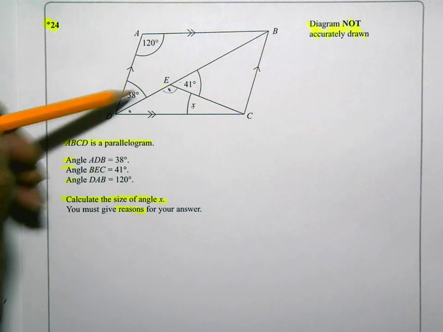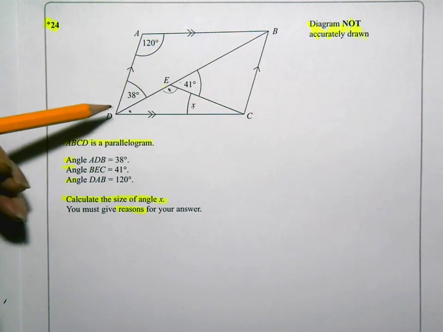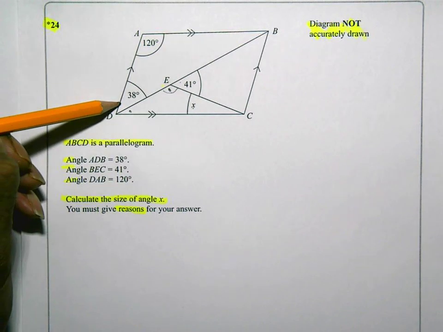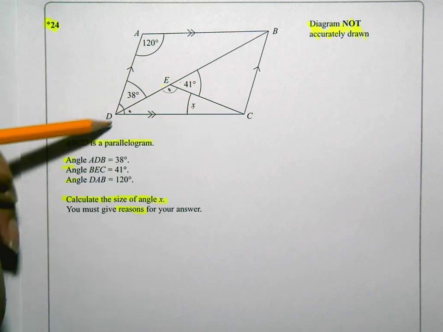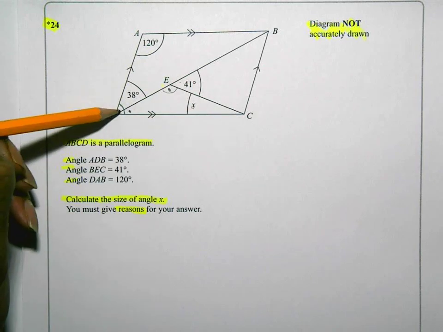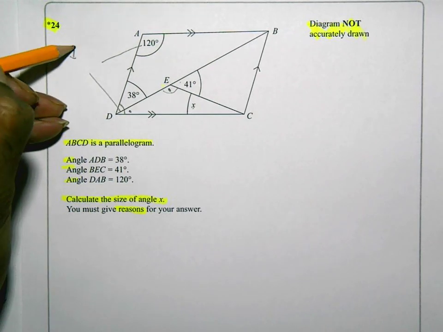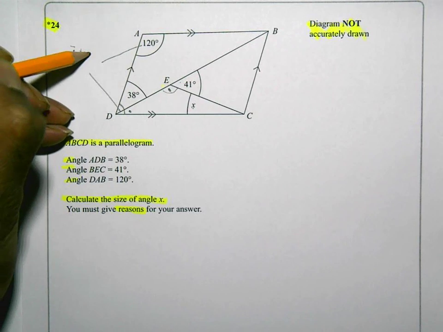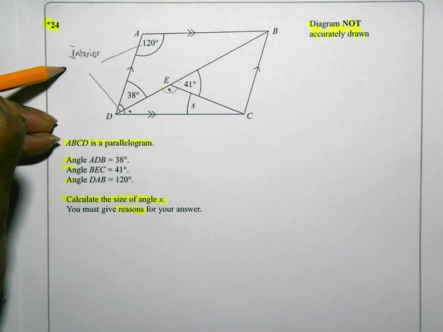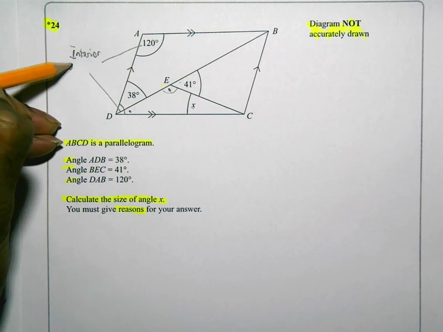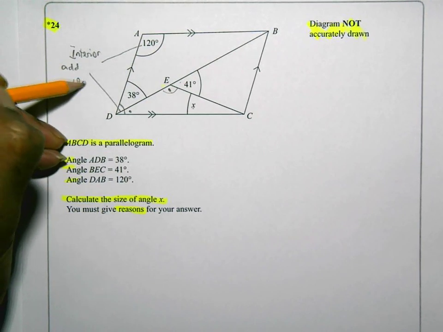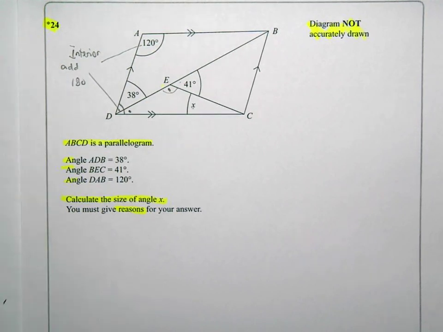To work out this angle over here, I'm going to try to find the whole angle ADC, the angle in the corner, because these two angles, ADC and 120, are called interior angles. And interior angles add to 180 degrees. Okay, so I'm going to use those facts, and I have a good idea of what I'm going to do.